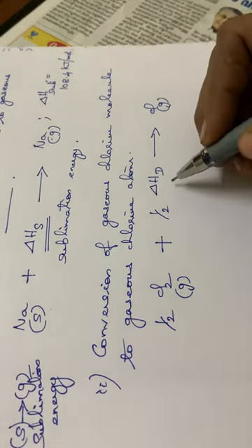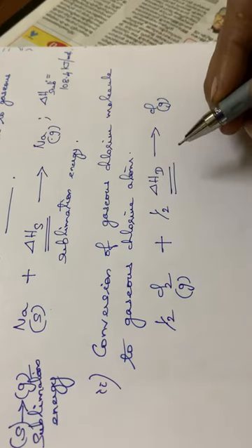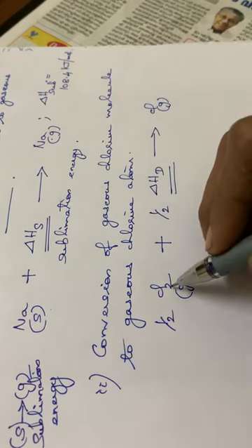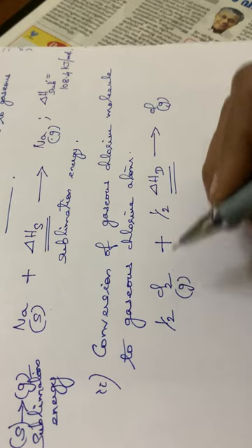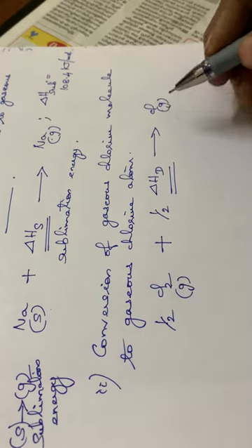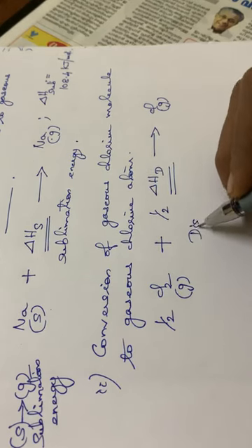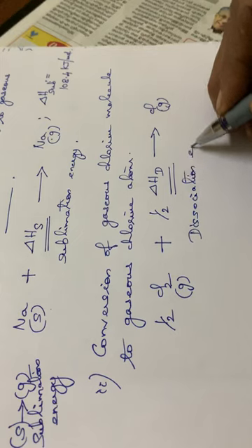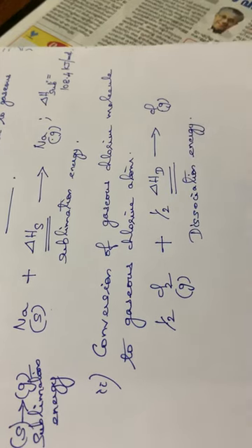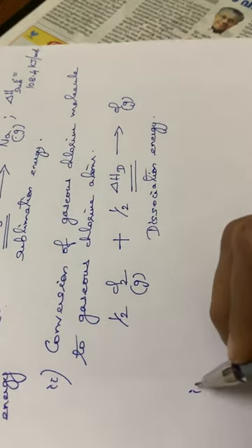The energy required to dissociate 1 mole of gaseous chlorine molecule to gaseous chlorine atom is called the dissociation energy. So in the second step, the energy used up is the dissociation energy. Then the third one.